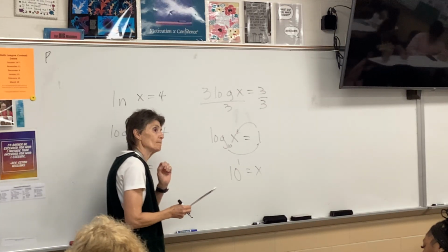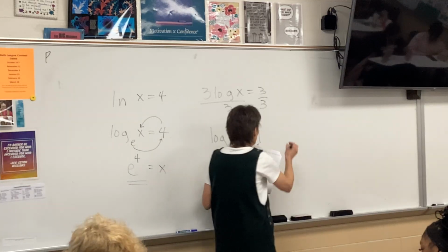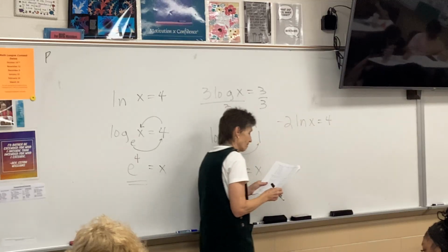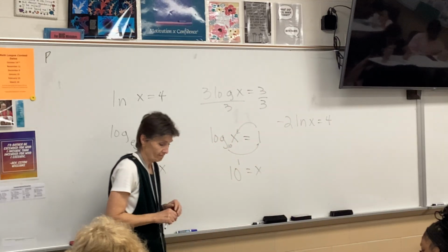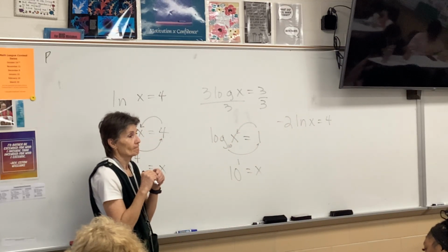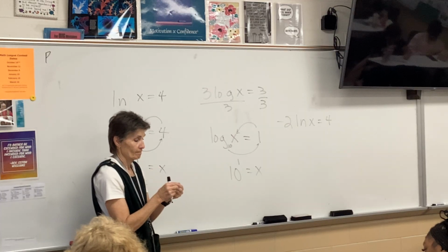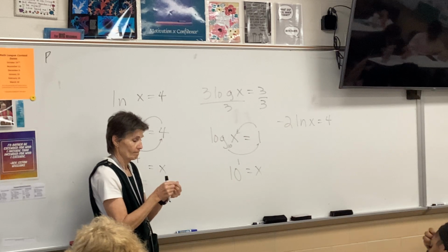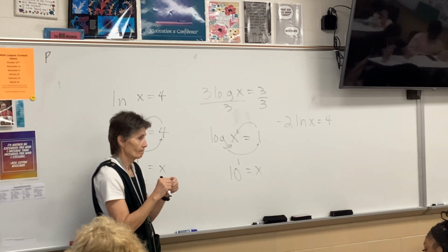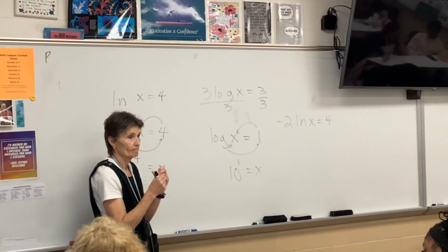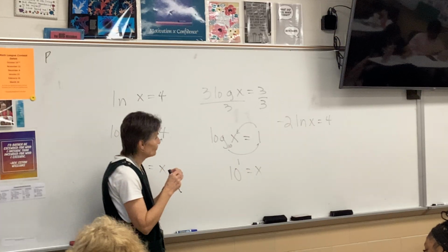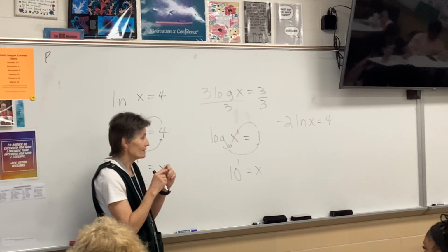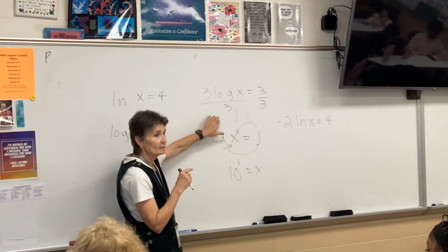All right, try G. See if you can work your way through G. Amaya, what did you do first? Don't shake your head, Dee. What did you do first up here?